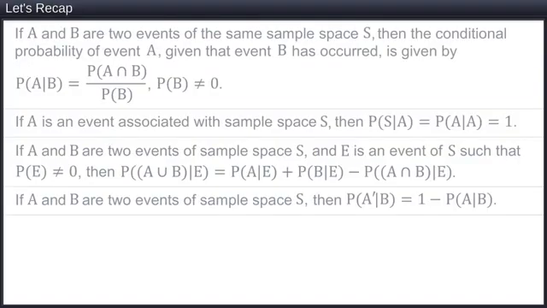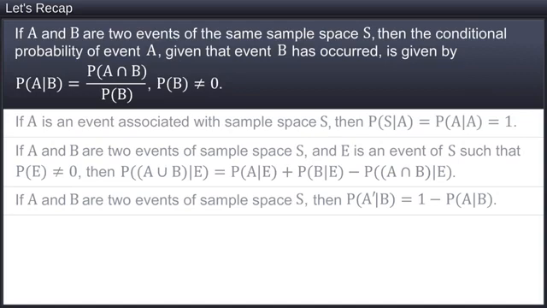In this module, you learnt that if A and B are two events of the same sample space S, then the conditional probability of event A, given that event B has occurred, is given by the probability of A given B equal to the probability of A intersection B divided by the probability of B, where the probability of B is not equal to 0.